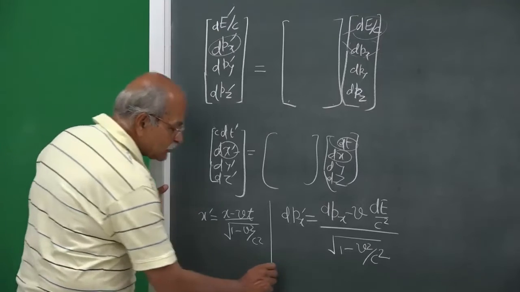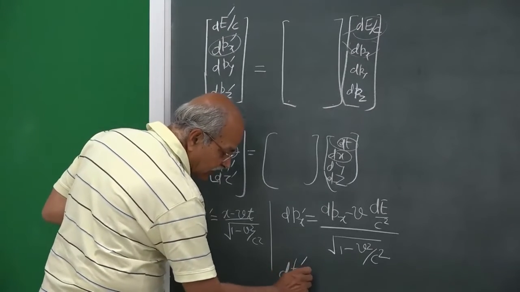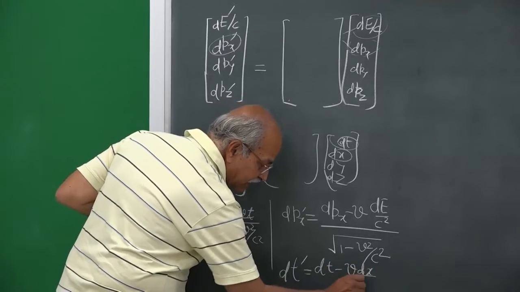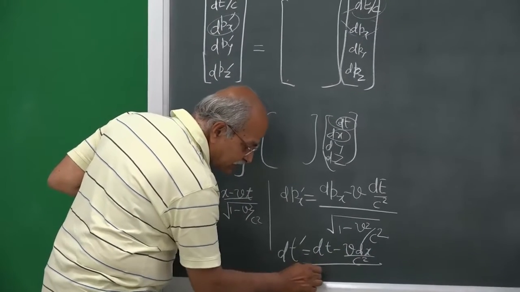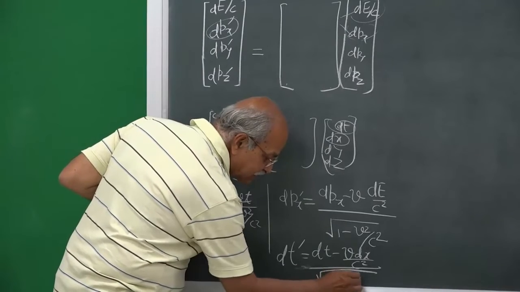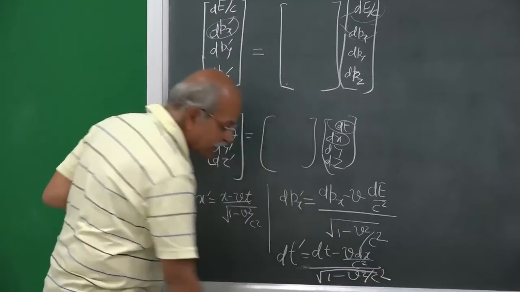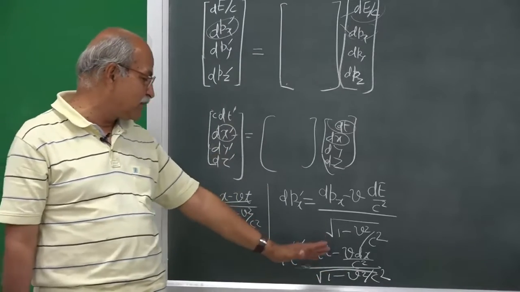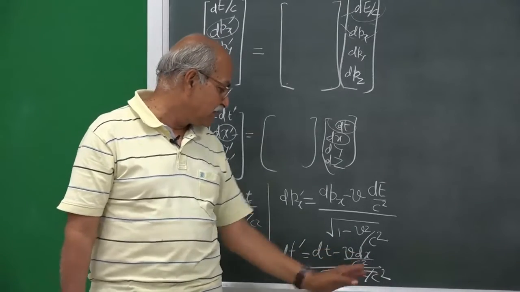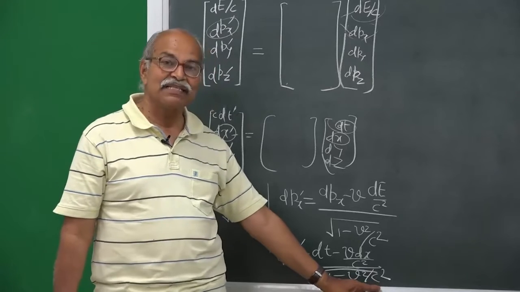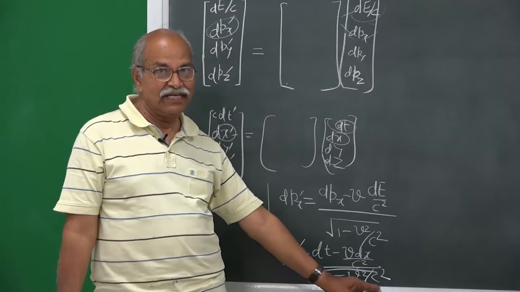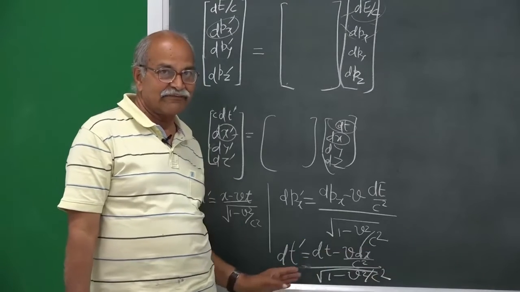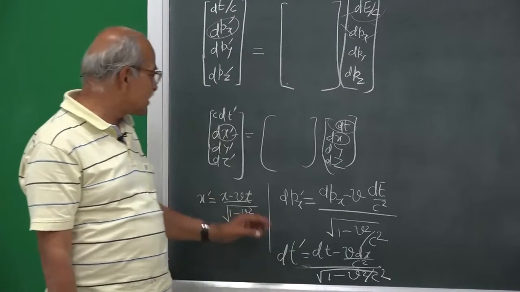So, dt prime is equal to dt minus v dx by c square, divided by square root of 1 minus v square by c square. This we had been using from the very beginning: t prime is equal to t minus vx by c square divided by square root 1 minus v square by c square. So, here we have dt prime and dt and dx, otherwise this transformation is the same. So, this is the transformation of the time component.